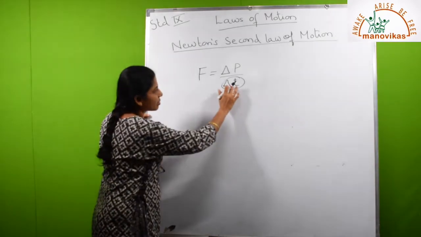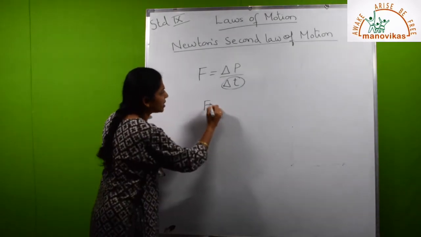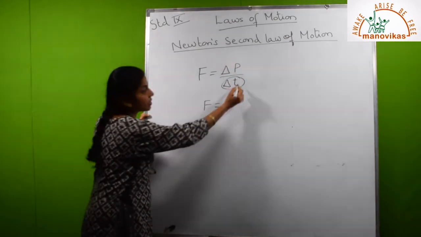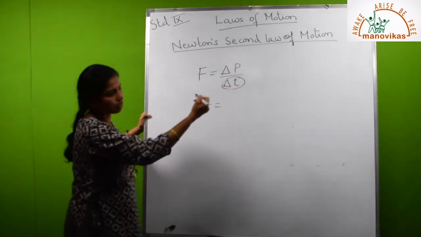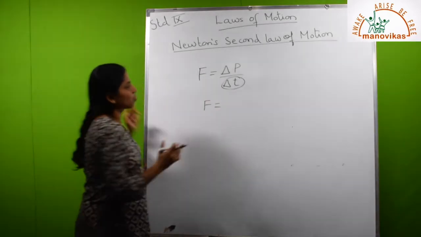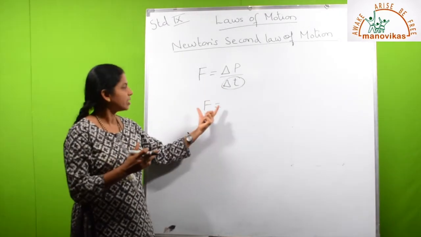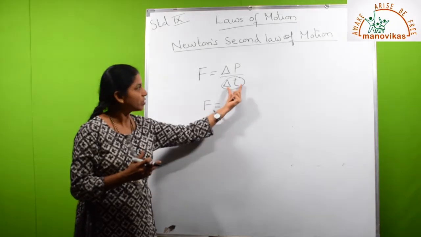Due to that, the force in this case will be less than the force in the case when the time is 0 or very little. So there is a difference here. That time the fielder's hands will not get hurt, because the force is reduced due to the time value.